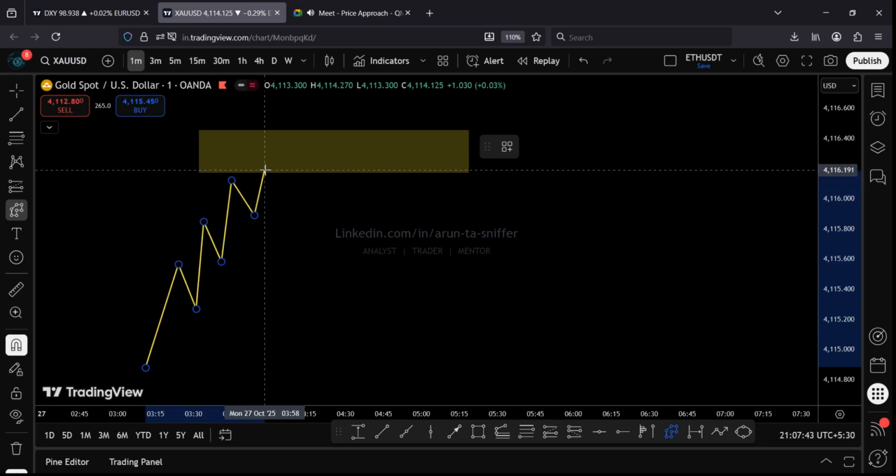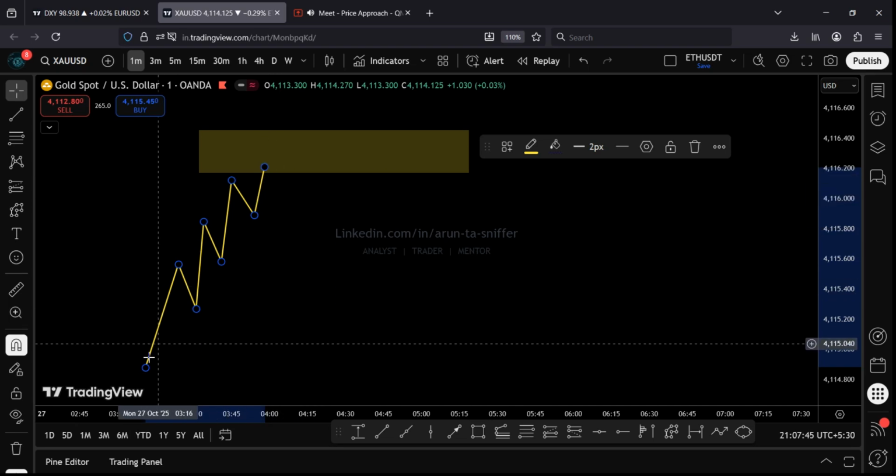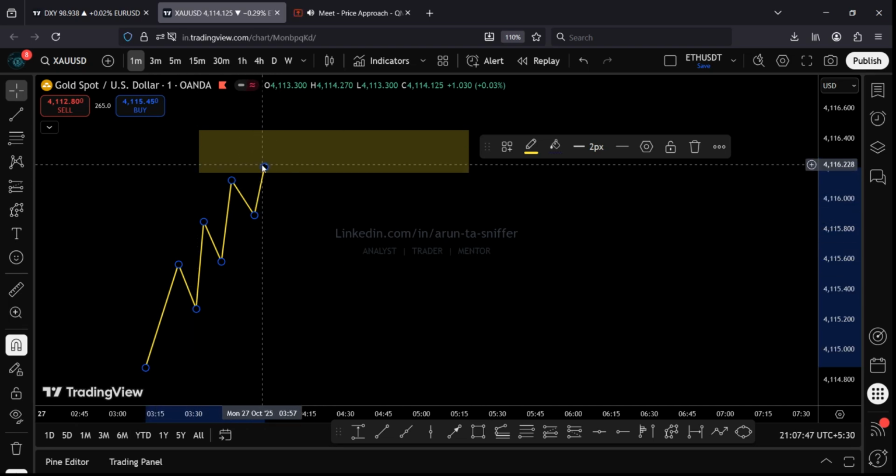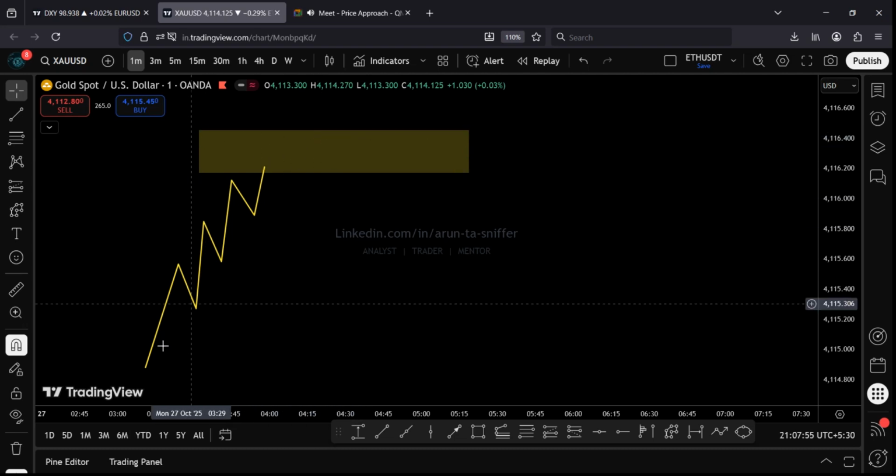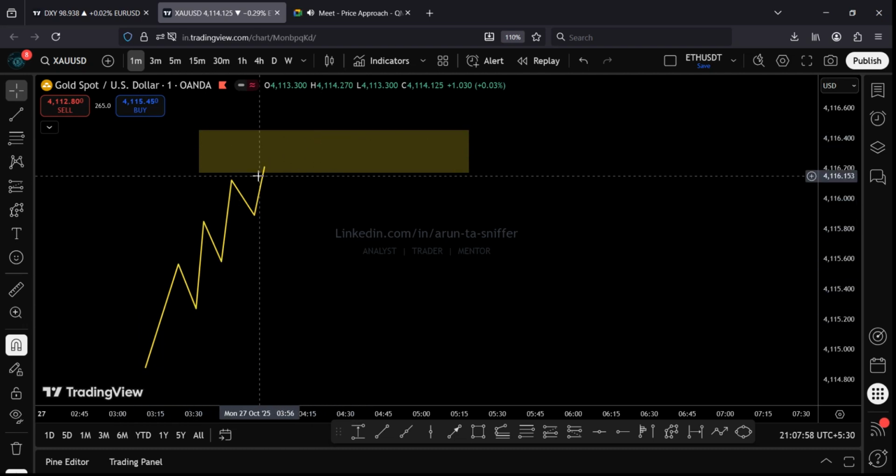This is our price approach. So depending on how the price is approaching and what pattern it is making while approaching our zone, that creates our trading setup and trading opportunity.